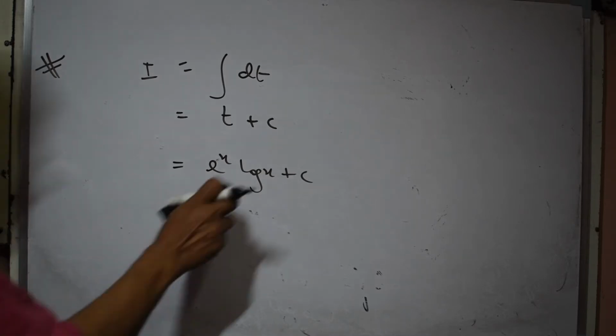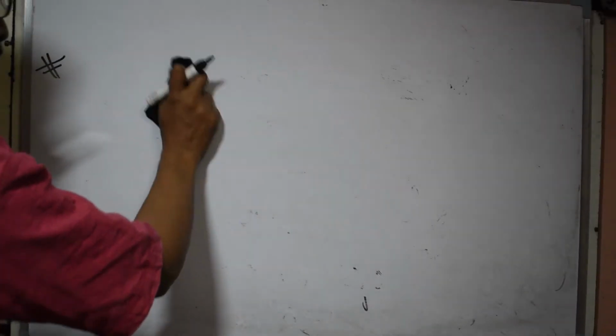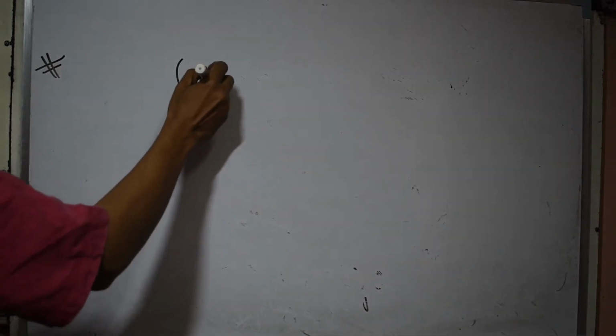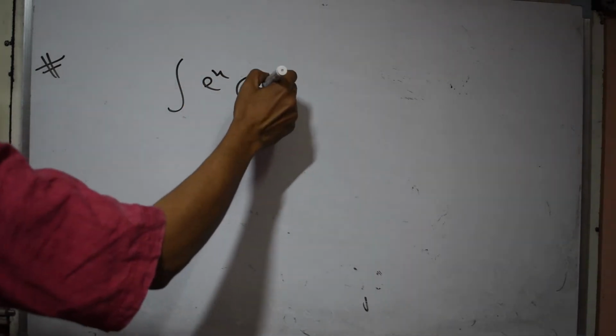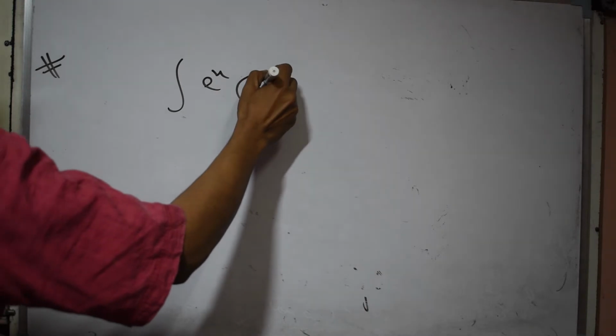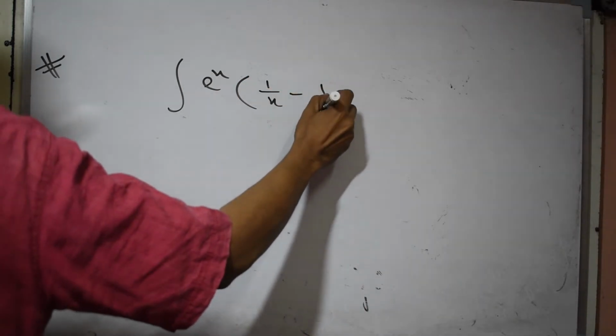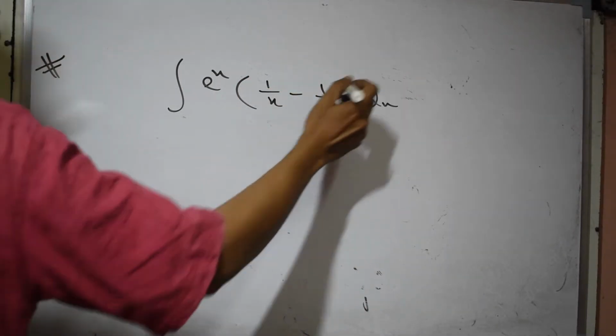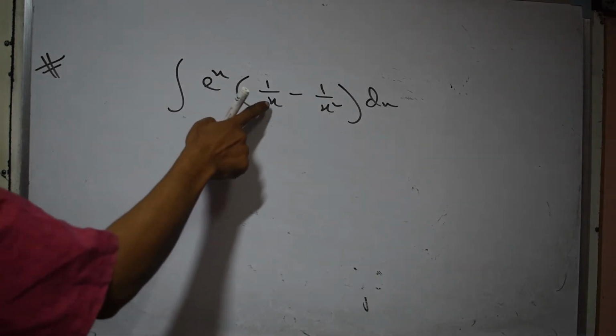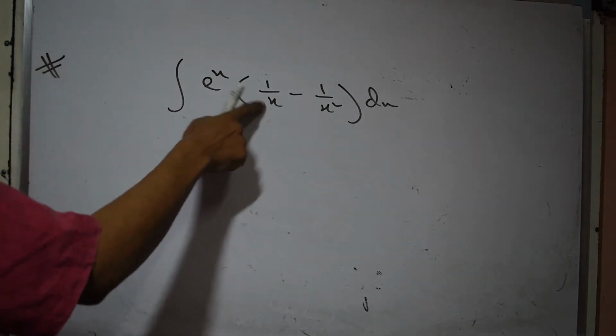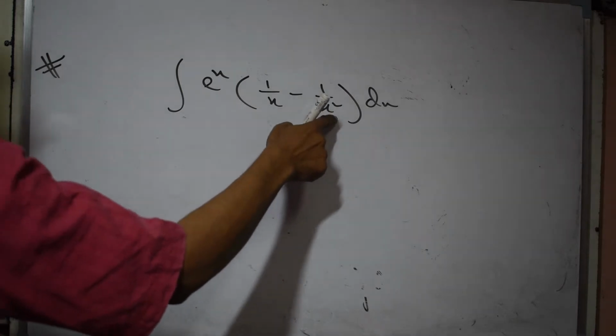Like one more problem I can show, similar type under this typical type: e to the power x into 1 by x minus 1 by x square. If you watch closely, the derivative of 1 by x is minus 1 by x square.